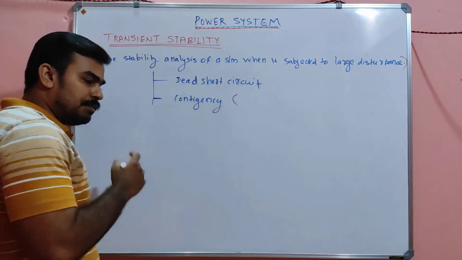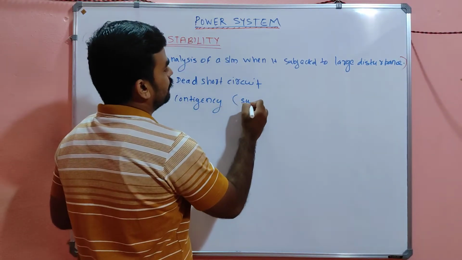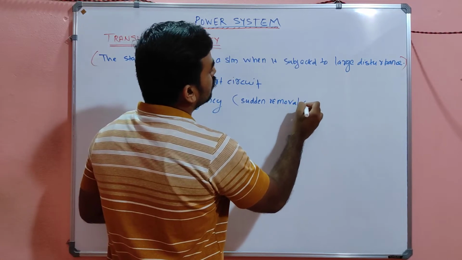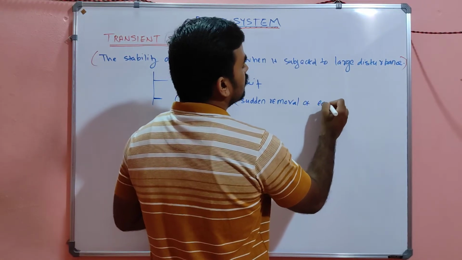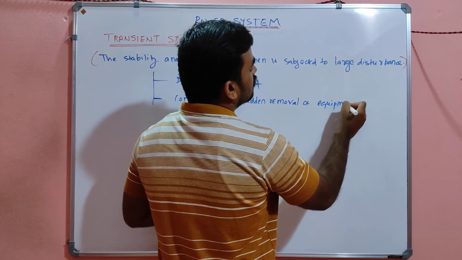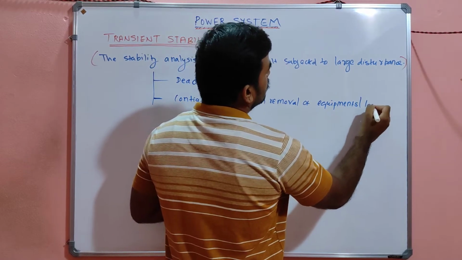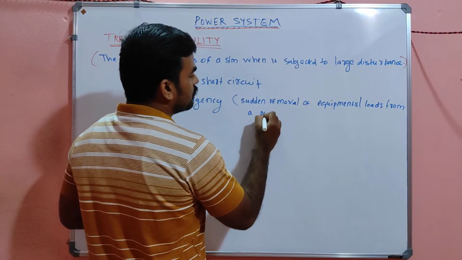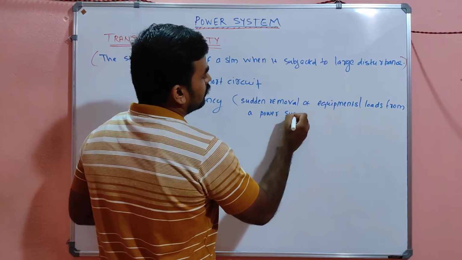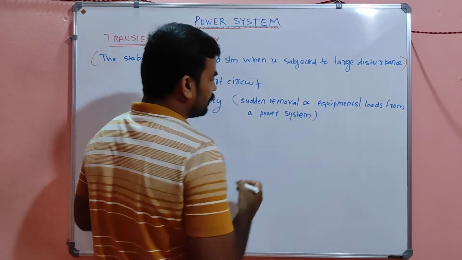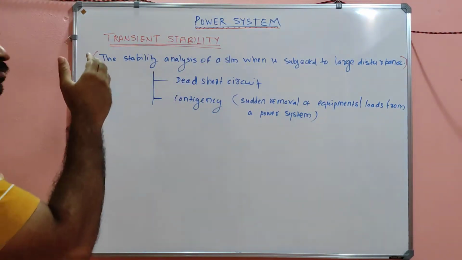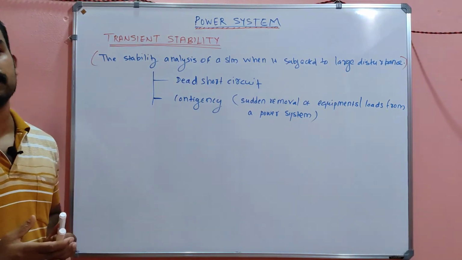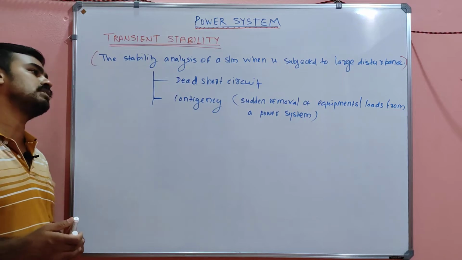Contingency is nothing but the sudden removal of equipment or loads from a power system. These are the two main reasons for the production of transients in the power system.